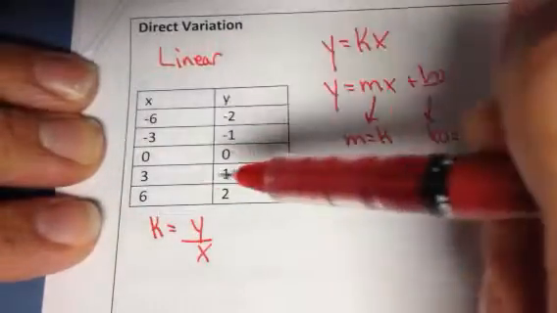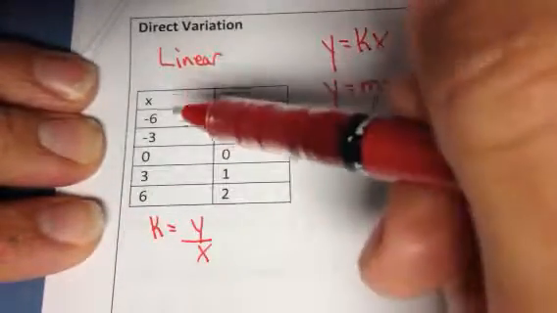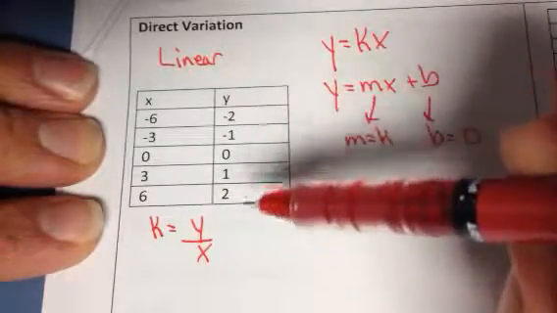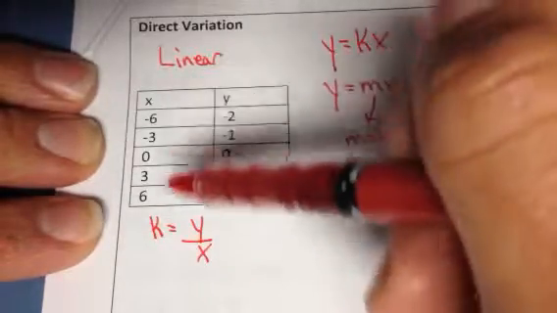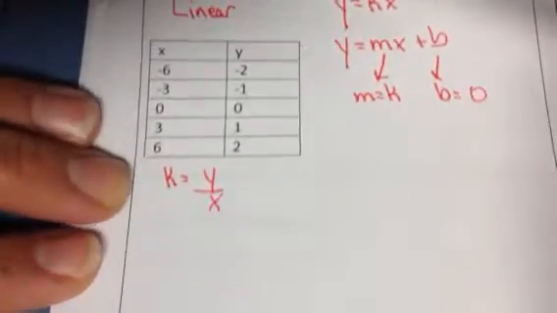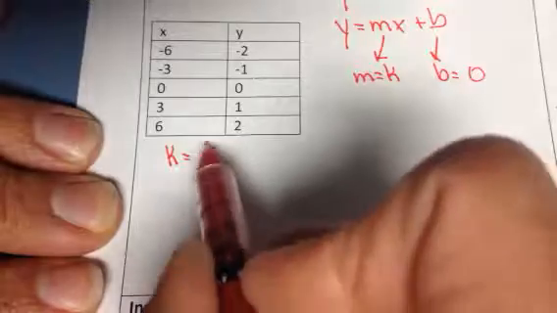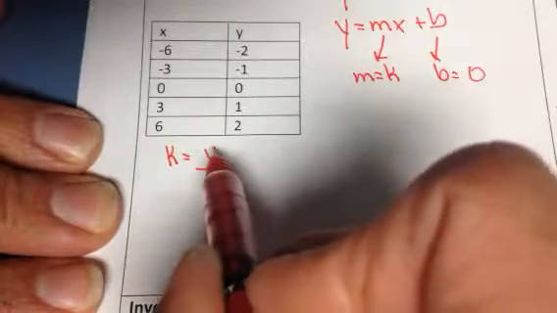Just looking at the information, how would I start to know that this is direct variation? Well, first, as x gets bigger, y is getting bigger, or as y is getting bigger, x is getting bigger. The way I'm going to definitely double check this, though, is I'm going to use that ratio of the constant. If I take all of these y's and divide by x, I should get the same amount.